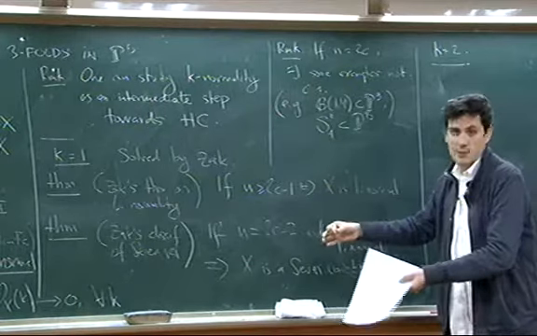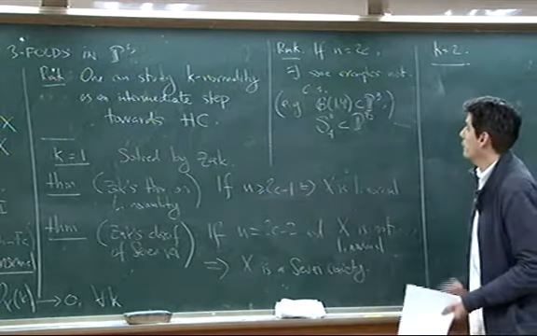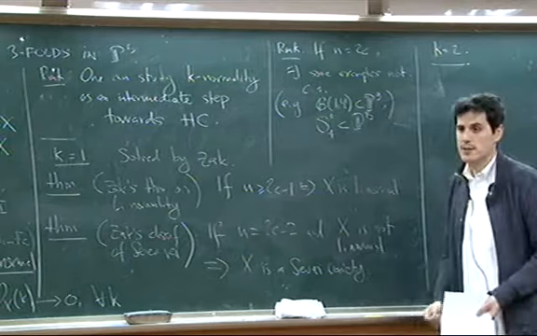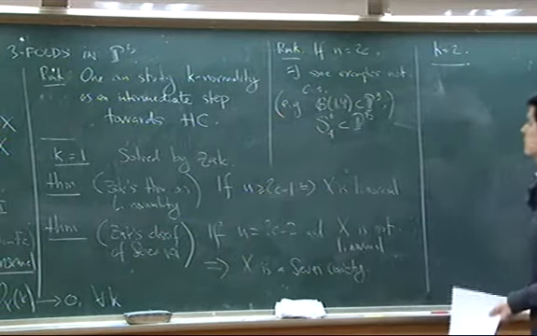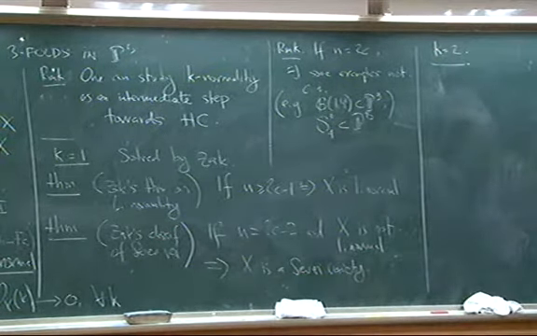If you want, there is an intrinsic description coming from representation theory. So this is more or less the picture for k equal to 1, for linear normality.